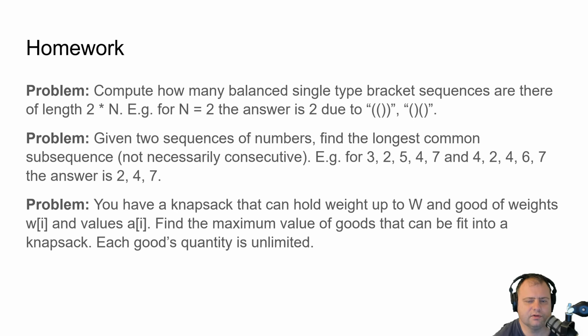For the subsequence problem, we're going to define a dynamic programming. So Fij is the answer for the longest common subsequence for elements up to I and up to j, from 0 to I for the first sequence and from 0 to j for the second sequence.